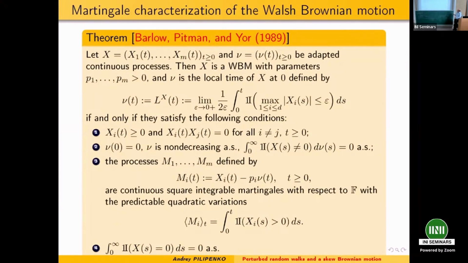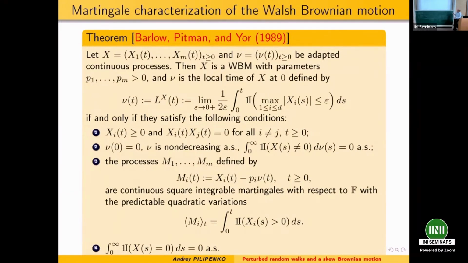The process X and the process nu are a Walsh Brownian motion, and nu is its local time, if and only if the following conditions are satisfied. Well, the xi are non-negative, it's clear from the definition. Only one coordinate may be non-zero. Nu is non-decreasing, and nu may increase only when x is at 0, and nu does not increase when x is outside of 0, like a local time.